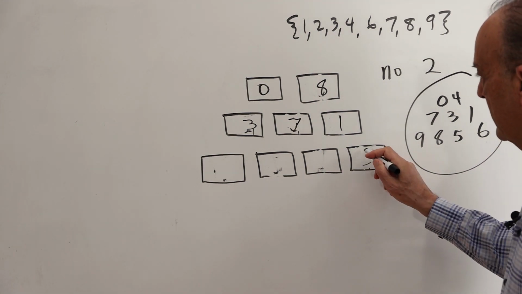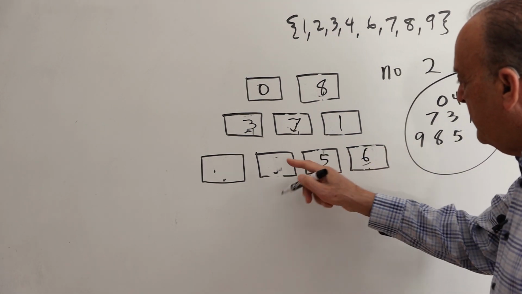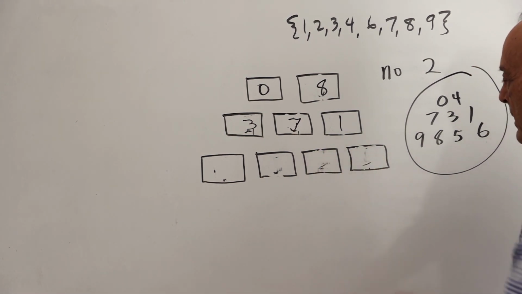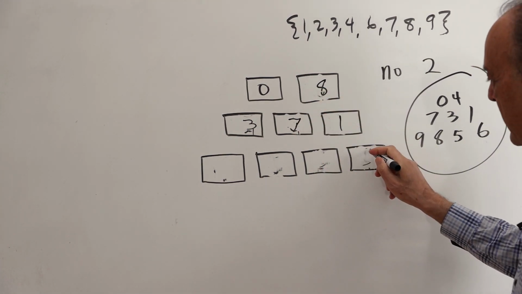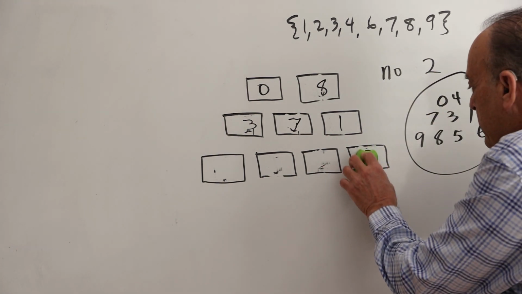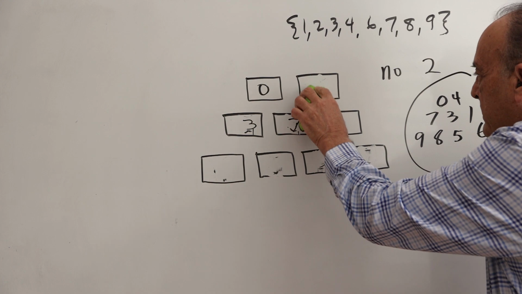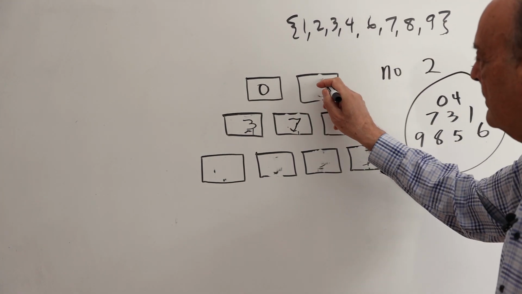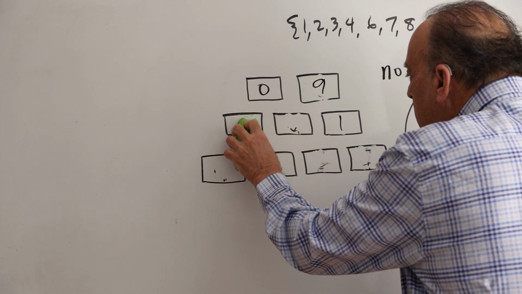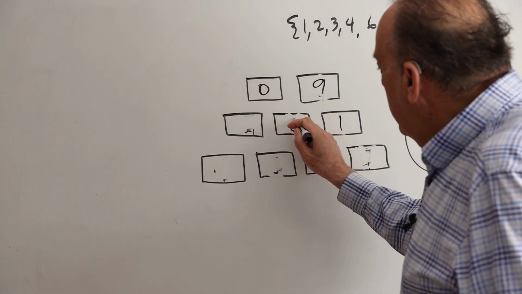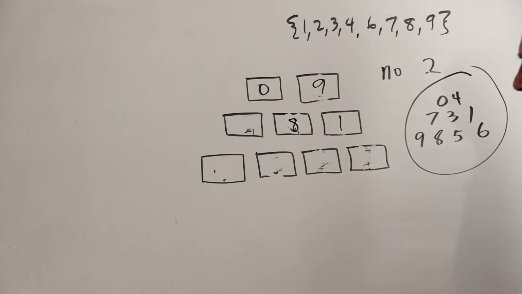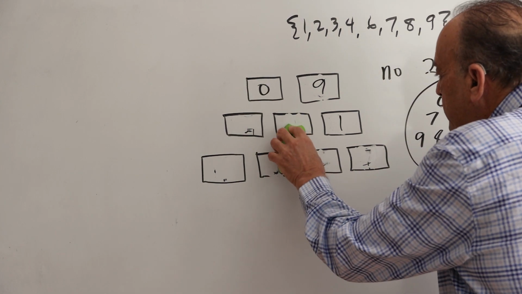So we could try 6 and 5, but we're not allowed to use 2. I already have 7 in 8th place. We could try 9, but then we would need a 2, which isn't available. So 8 doesn't work in that spot. Last thing to try is 9. And if that's 9, this is 8, and we would have to use a 2, which isn't available. So we just found out there's only one solution.